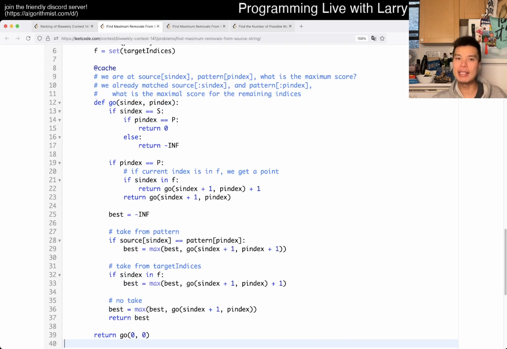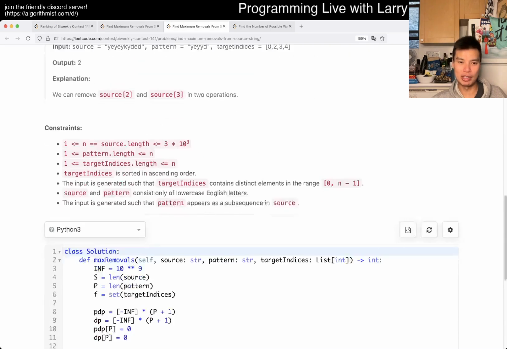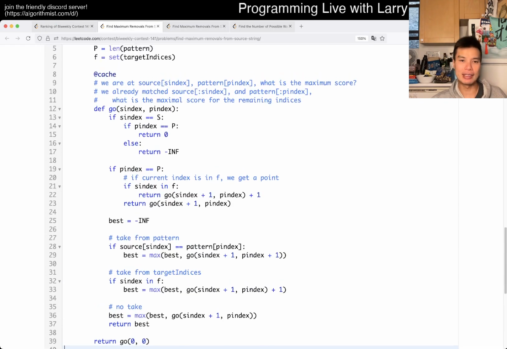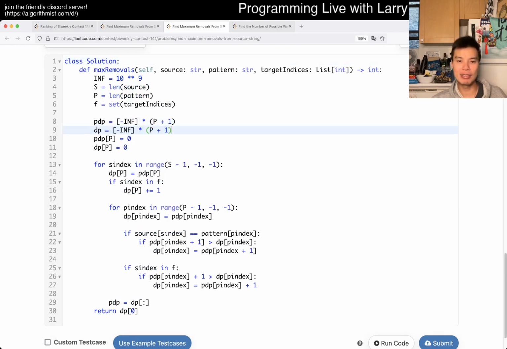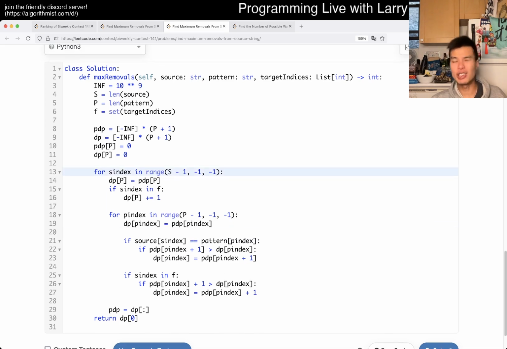For me, during the contest, it took me a while to get here, and I just spent another 5-6 minutes to convert it to bottoms up. It may be intimidating to look at it bottoms up, and to be honest, I don't know if n square space would be fast enough. So I kind of took my time with this deliberately. But the idea is actually very similar. I have a video about converting from top down to bottoms up, where you can watch me solve it live.